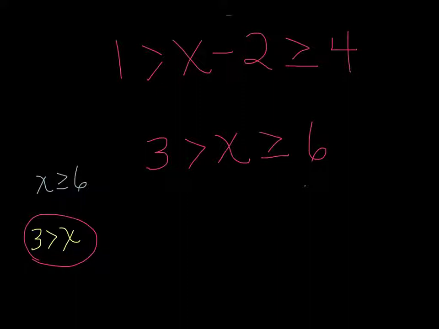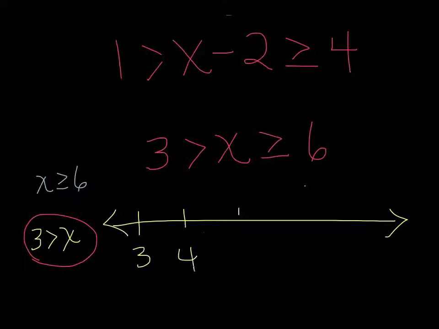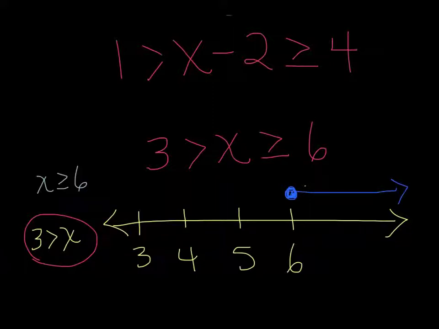So when we go ahead and graph this, 3, 4, 5, 6, what I'm going to do is graph x is greater than or equal to 6. Closed circle, and again, x is greater than, bigger than, more than, which is why the arrow is going to the right.